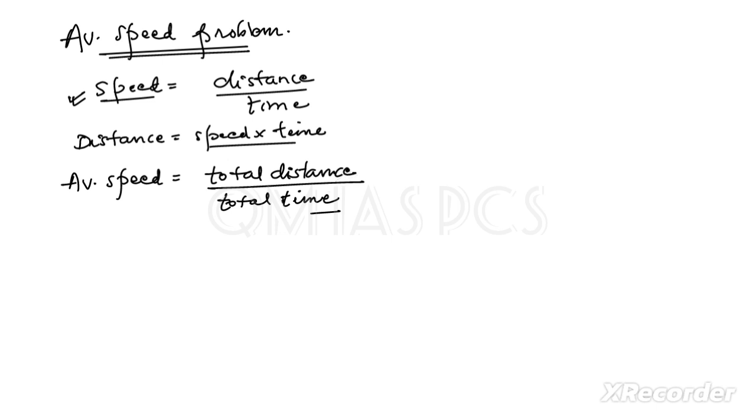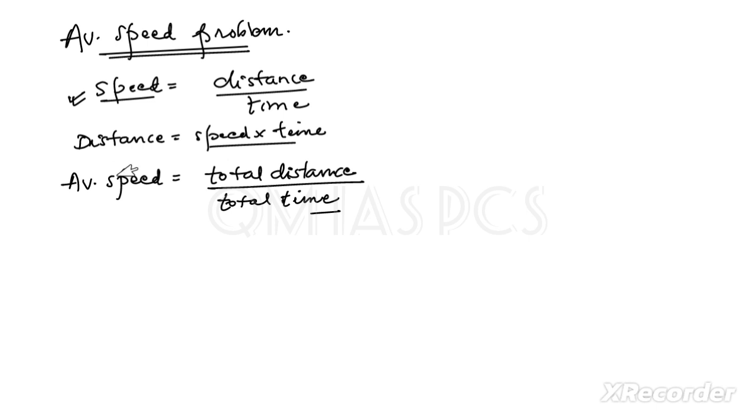You may wonder whether these two formulas are the same, since it is written distance by time, and here total distance by total time. But let me tell you that this is not exactly the same.